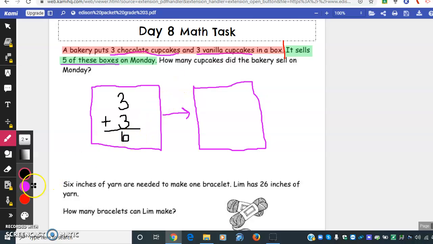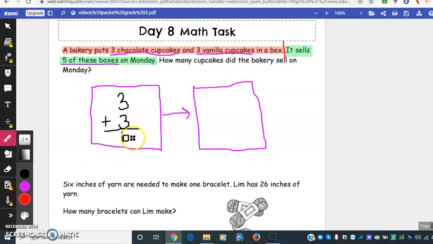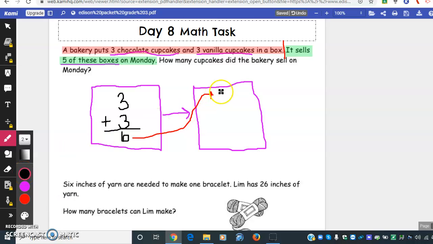So I'm going to take my 6 that I just came up with and put it over here. And since there are 6 cupcakes in each box, I hear the word each going on there, even though it wasn't in the story. It's hidden right here in a box.